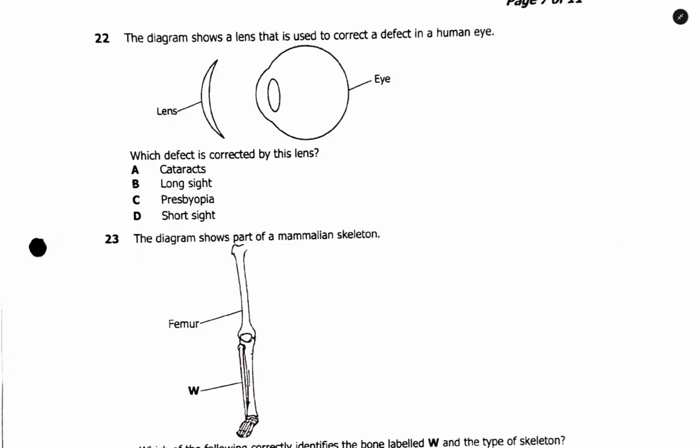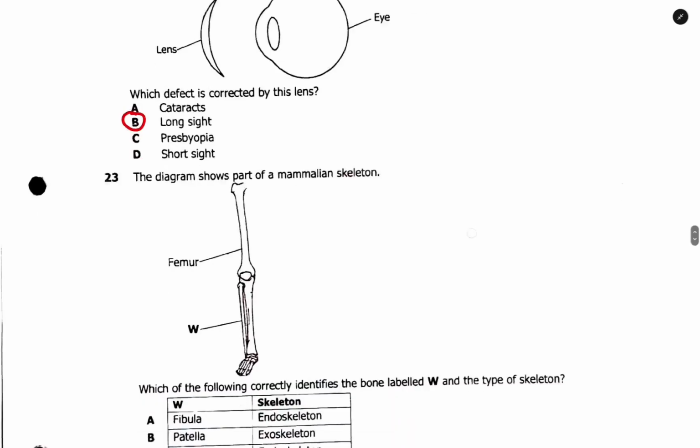Okay, then this one corrects long sight. So here the answer is long sight. That is question 22. The answer is B.